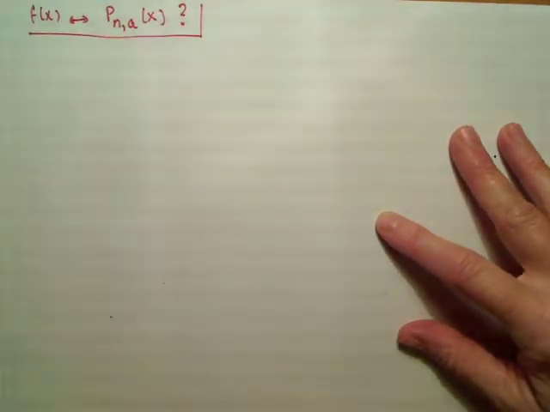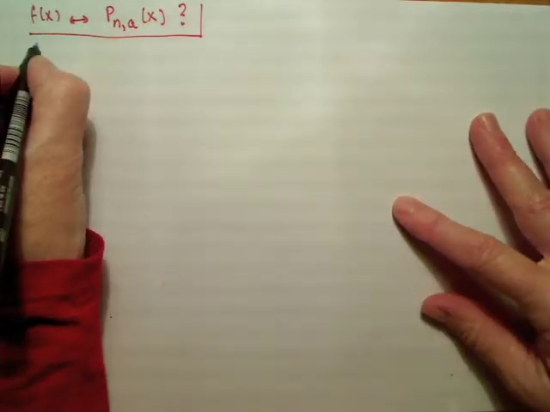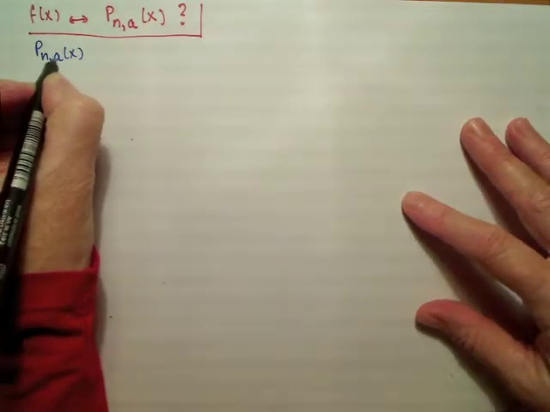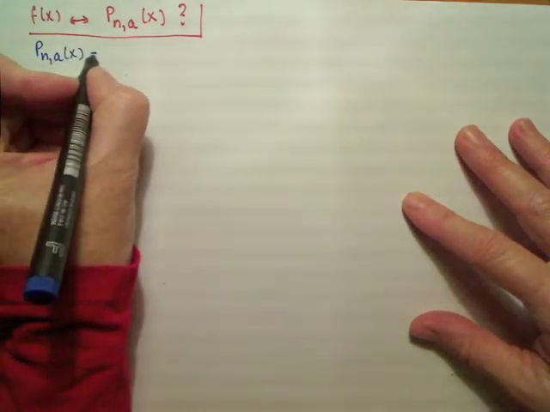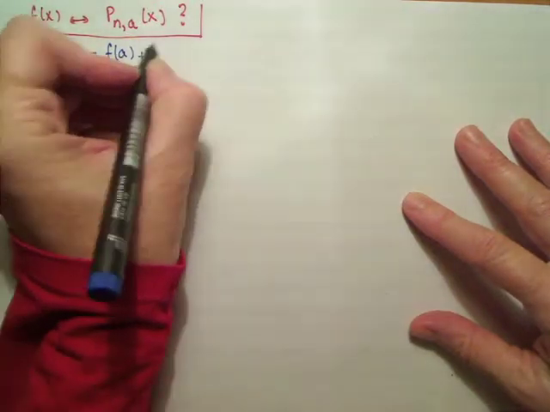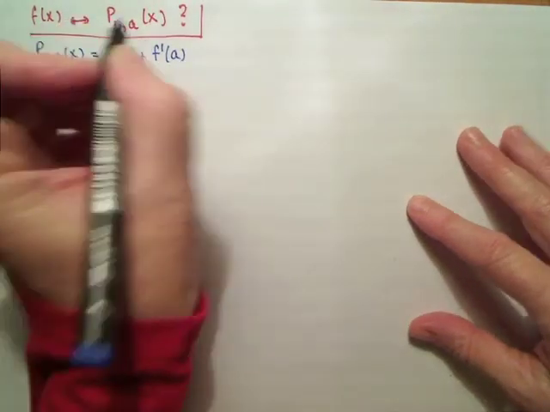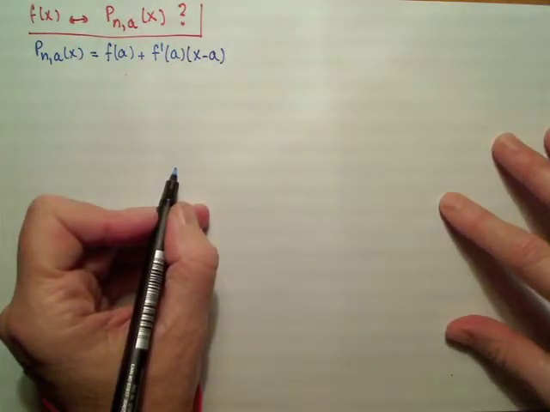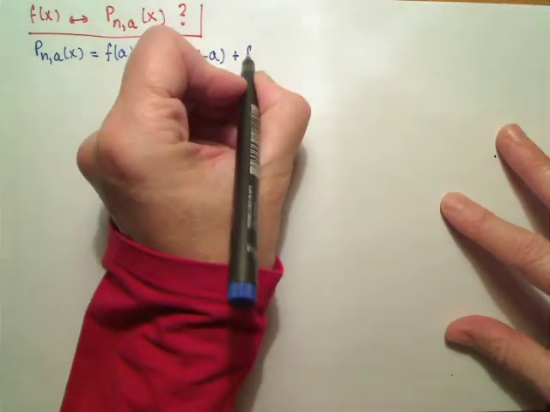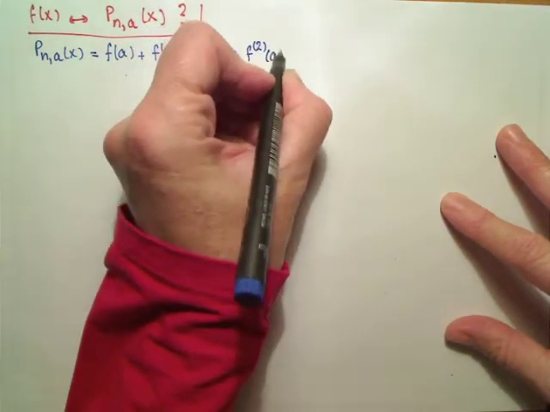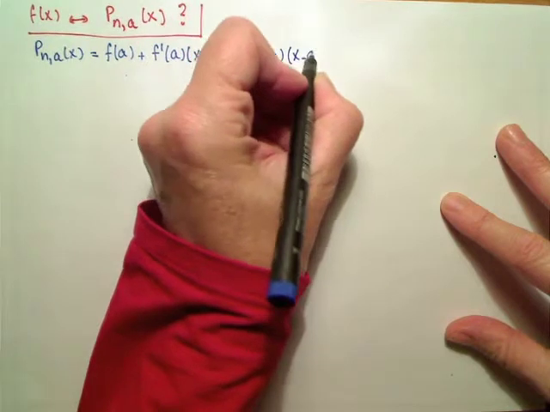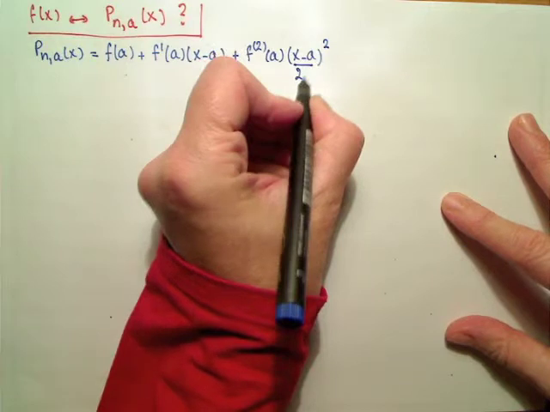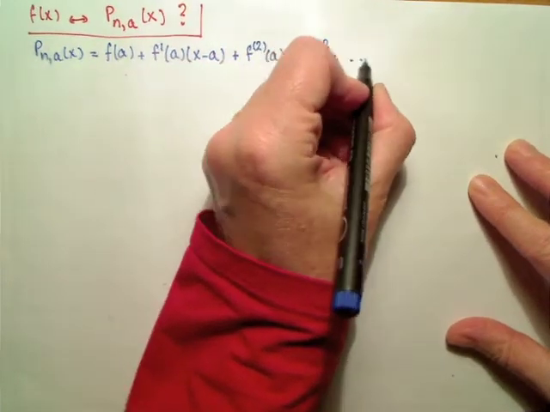Now, let us recall the definition of the nth order Taylor polynomial at base point a, evaluated at the point x. So we have f of a plus the first derivative of f at the point a multiplied by the difference of our point x and the base point, plus the second order derivative evaluated at the point a multiplied by the difference between x and the base point a squared, divided by 2 factorial, and so on.